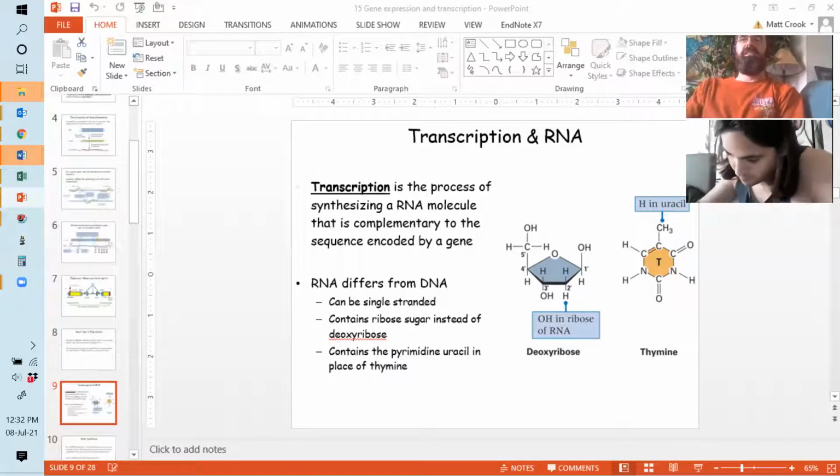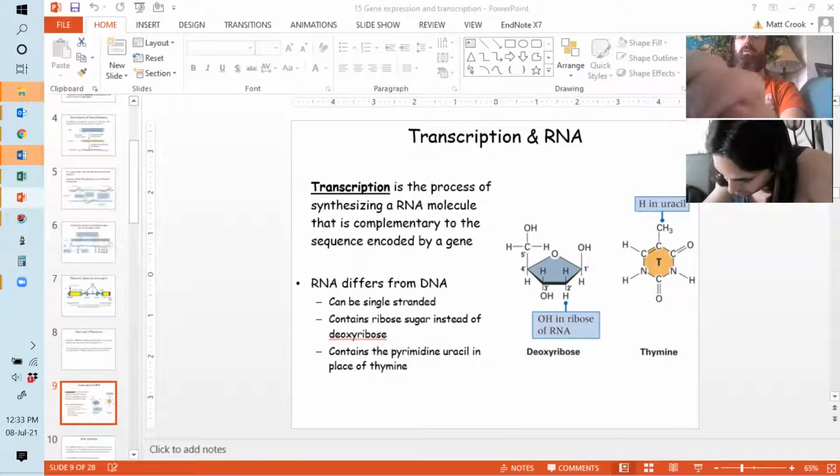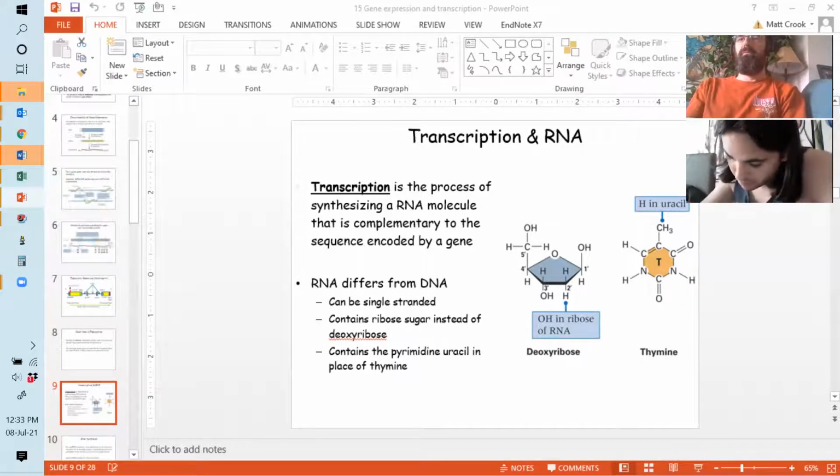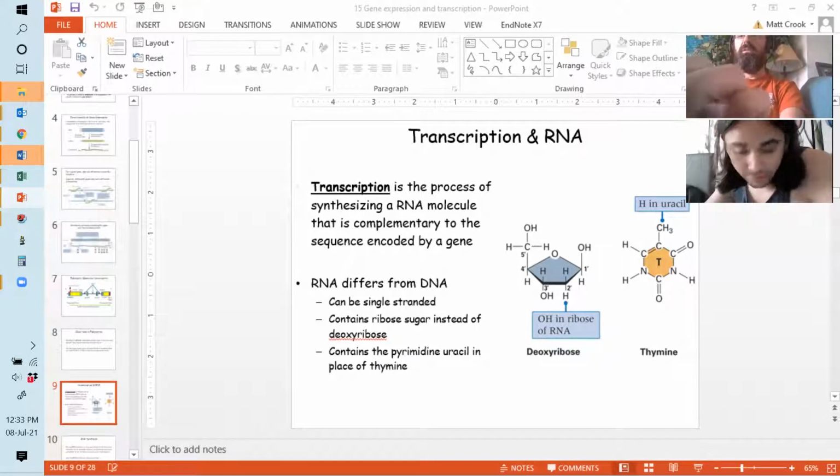And here's actually, pardon me, something really funky about RNA. RNA can form really complex 3D structures. So that can be a mix of single and double-stranded RNA.